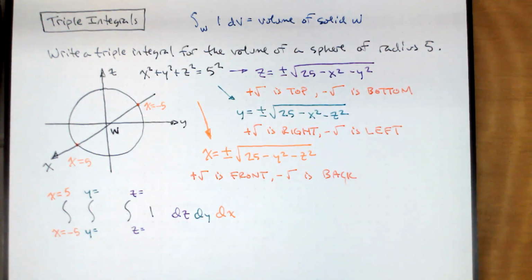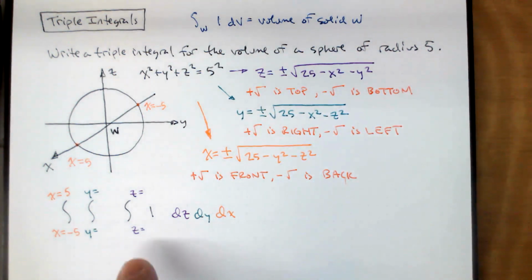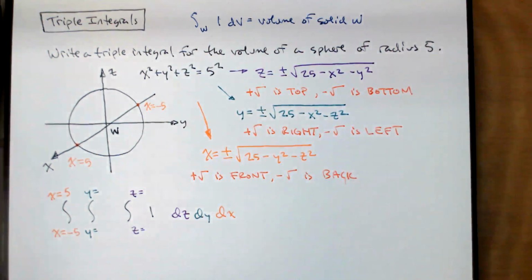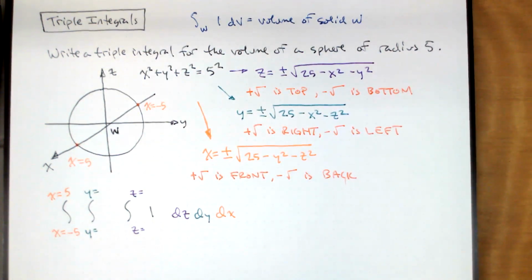Now, for each of these x values, I've got to look at what y value we're going to be between. For each of these x values, we've got to get all the y values in between. And we've got to get all the z values. What is z between?